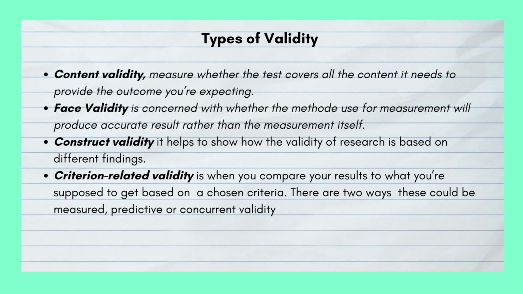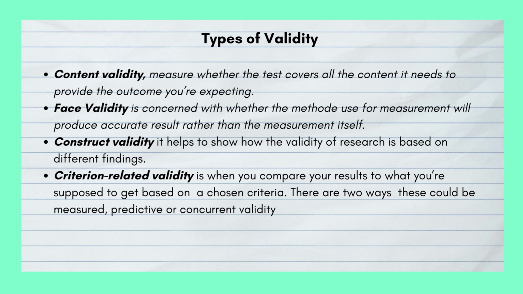There are four common types of validity for researchers and evaluators to consider. These are content validity, face validity, construct validity, and criterion-related validity. Content validity measures whether the test covers all the content it needs to provide the outcome you're expecting. Face validity is concerned with whether the methods used for measurement will produce accurate results rather than the measurement itself.